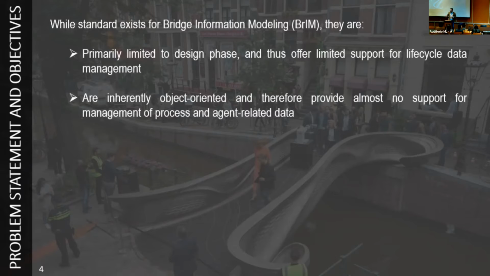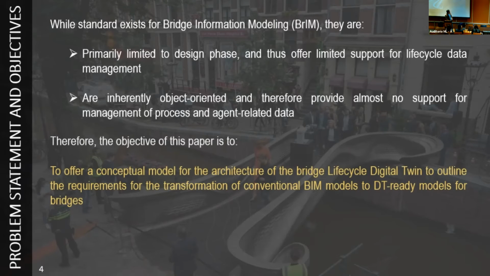So you need to be able to also model the processes, the agents, the users of this bridge within that data structure if you want to have a life cycle analysis of the entire bridge and also at the network level.